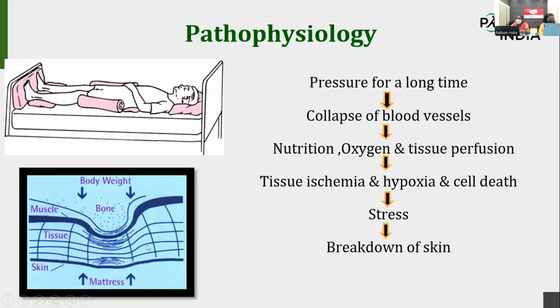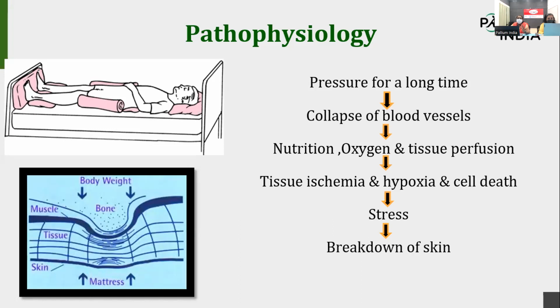Then the tissues may not get adequate blood supply. If there is a collapse of blood vessels, the tissues may not get nutrition, oxygen and all. Then finally tissue ischemia, stress and breakdown. So this is the pathophysiology of pressure ulcer.